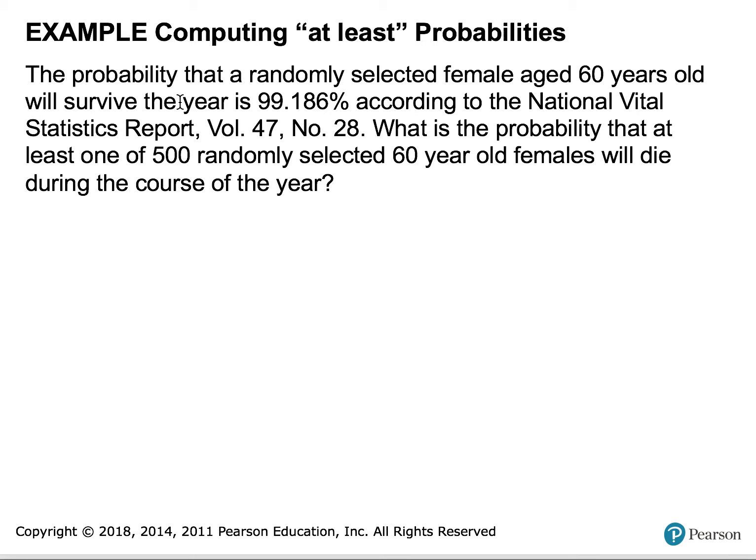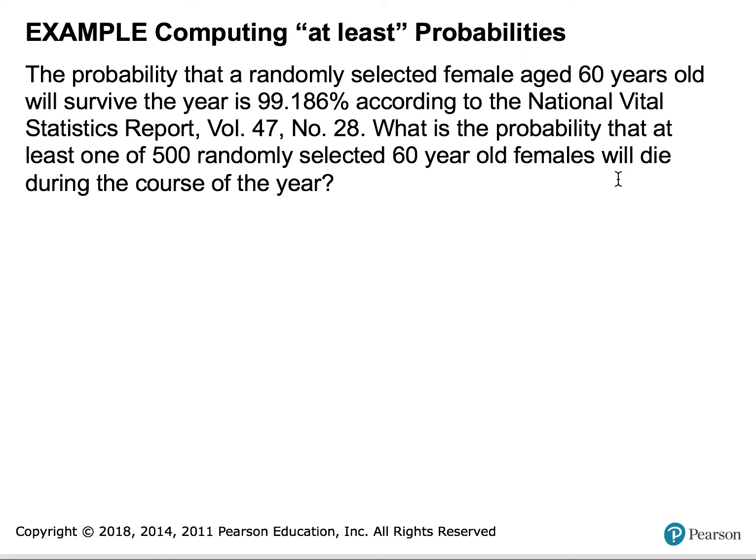So the probability that a randomly selected female age 60 years old will survive the year is this again. What's the probability that at least one of 500 randomly selected 60-year-old females will die during the course of the year? Notice all of a sudden we're wanting to know the probability they're going to not live.